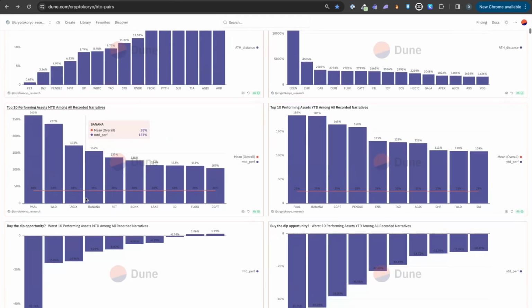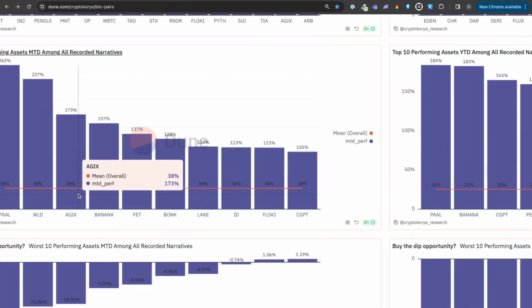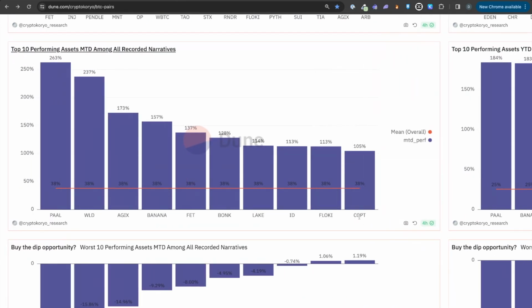Top 10 performing assets. These are the best performing assets of the month. We can see here there is a lot of AI-related stuff like ChainGPT, like Fetch, like AGIX, like Boardcoin. We might argue that it's not AI, but probably it's because of AI that it pumped, as well as this one.